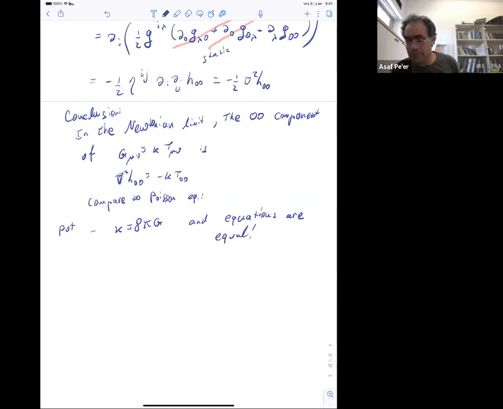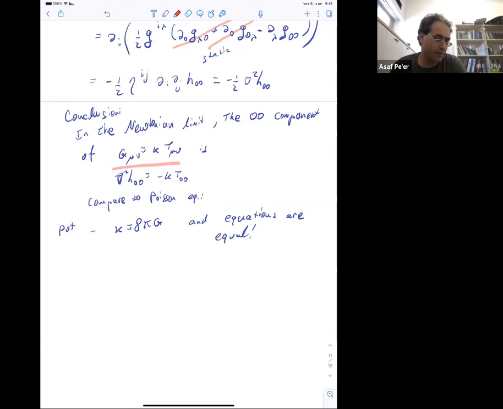So what we just showed is that in the Newtonian limit, if we take this equation here and identify the constant κ with 8πG, we end up back with the Poisson equation, which is familiar from classical mechanics. But of course, this equation is much more general. It is a tensorial equation, and it is true not only in this limit, but in any limit.